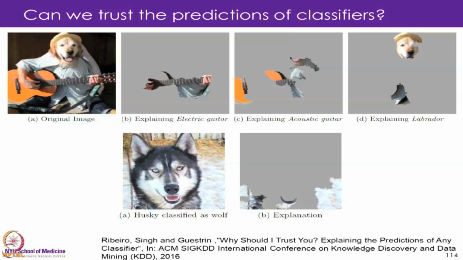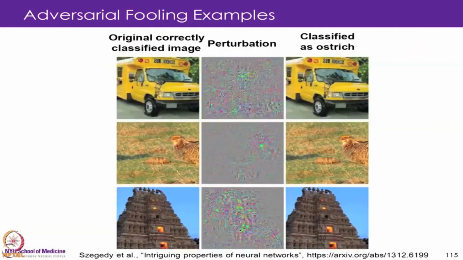What probably happened was that in the training set, all the wolves had snow in the background. That's something that can happen.